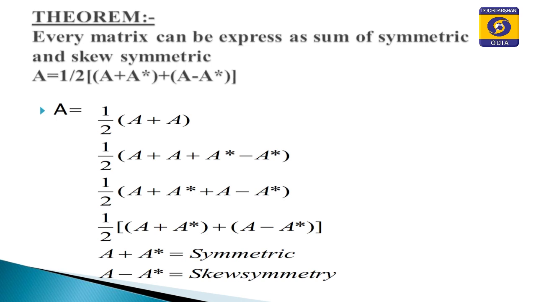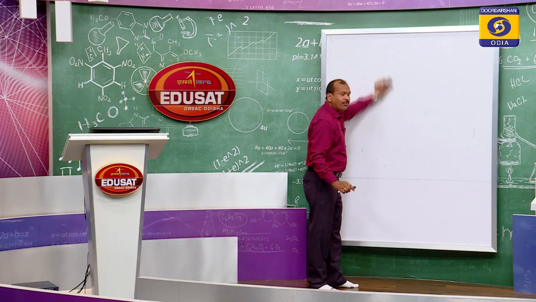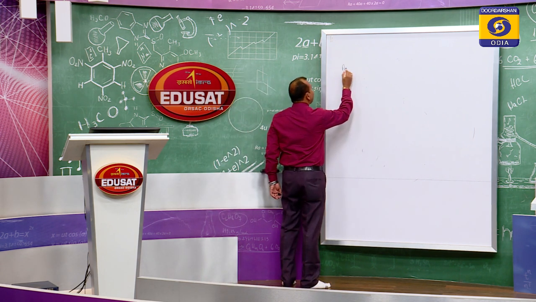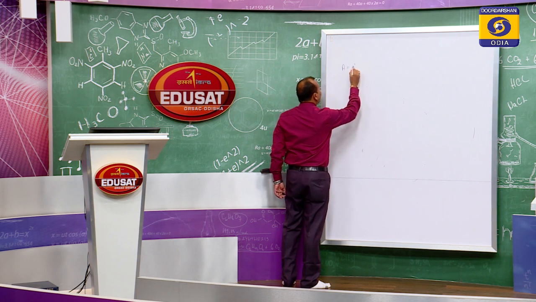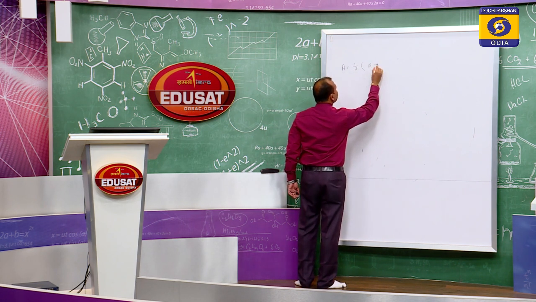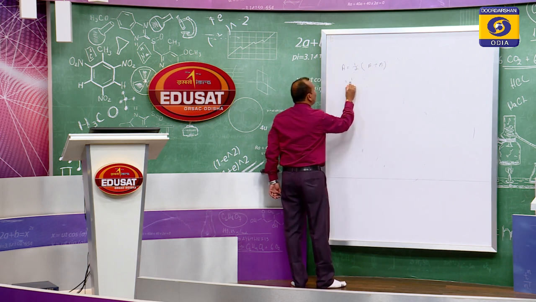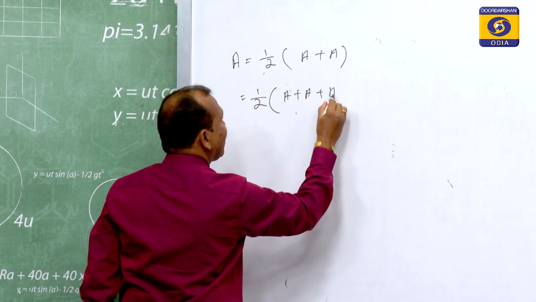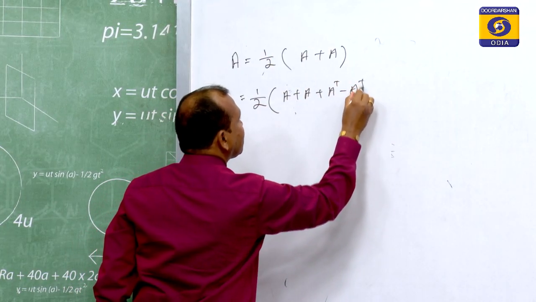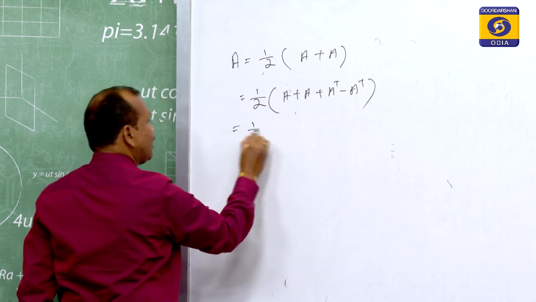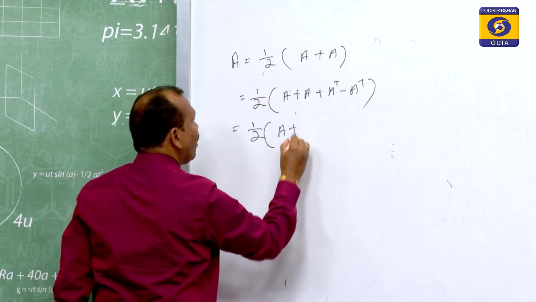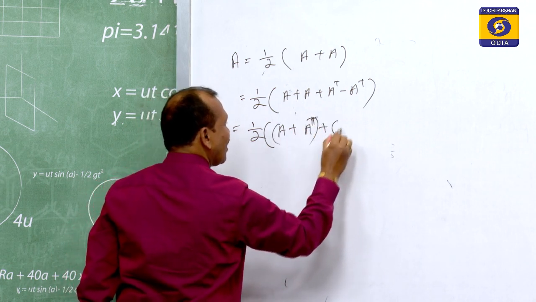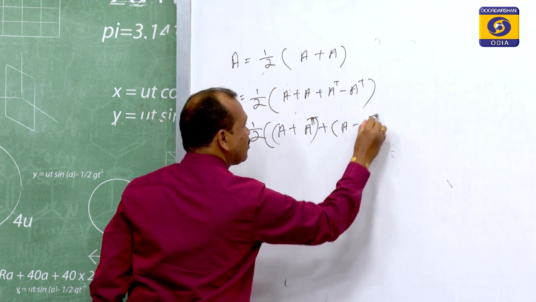Suppose A is a matrix, then A can be written as half times of A plus A, which is equal to half times of A plus A transpose plus A minus A transpose.